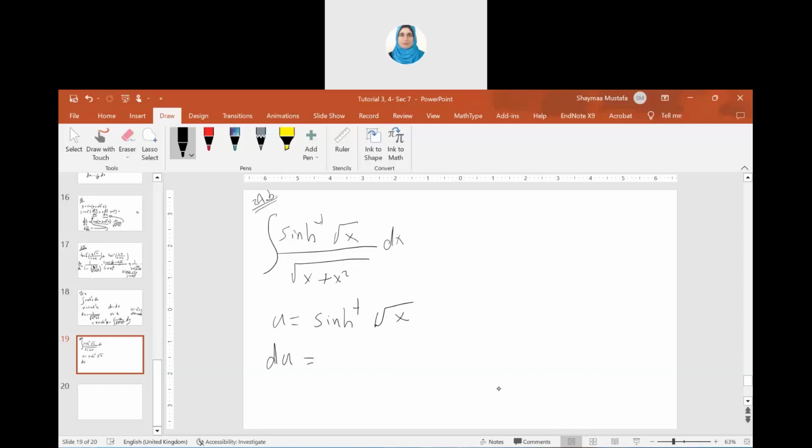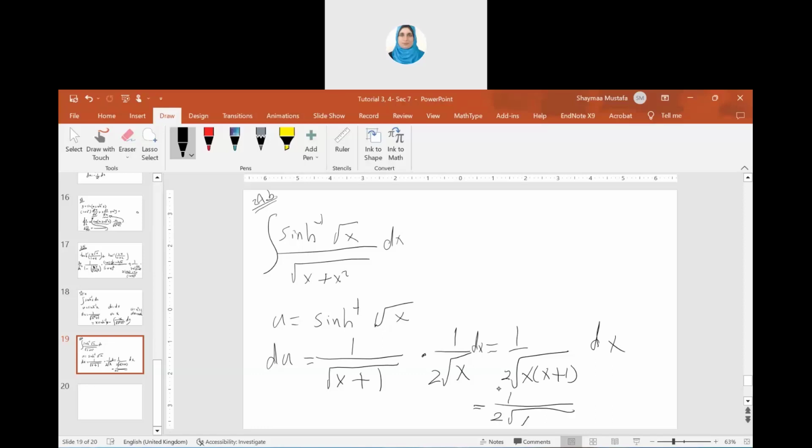Then du is 1 over square root of 1 minus x, times the derivative of square root of x, which is 1 over 2 square root of x. This one is 1 over 2 square root of x times 1 dx, which is 1 over 2 times (x plus x squared) dx.